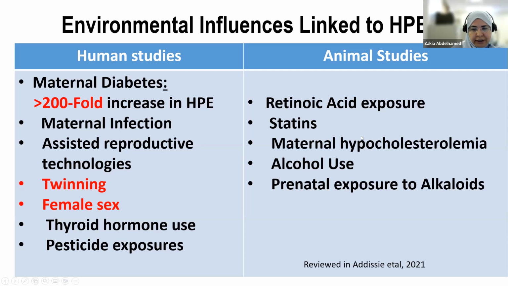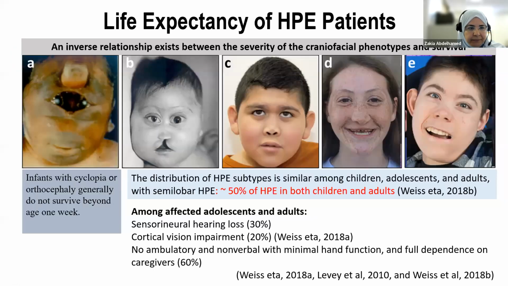So if the patient has hypocholesterolemia, or is using statins, this will reduce the cholesterol level in the blood and also lead to defective post-translational modification of sonic hedgehog, which is needed for its activity, so the phenotype could be explained on that basis. And retinoic acid exposure, because it also opposes sonic hedgehog activity.